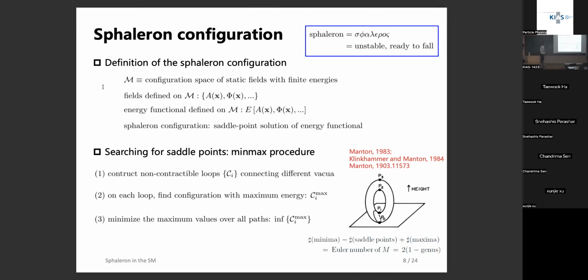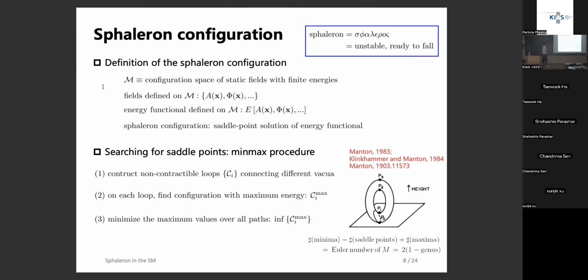And also on M, we can calculate the total energy of this system, which is a functional defined on this space. Then the Sphaleron configuration is defined as the saddle point solution of the energy functional. Here, the saddle point means it is a maximum along one direction, but a minimum along another direction. So it is not a local minimum and not a local maximum, but a saddle point.